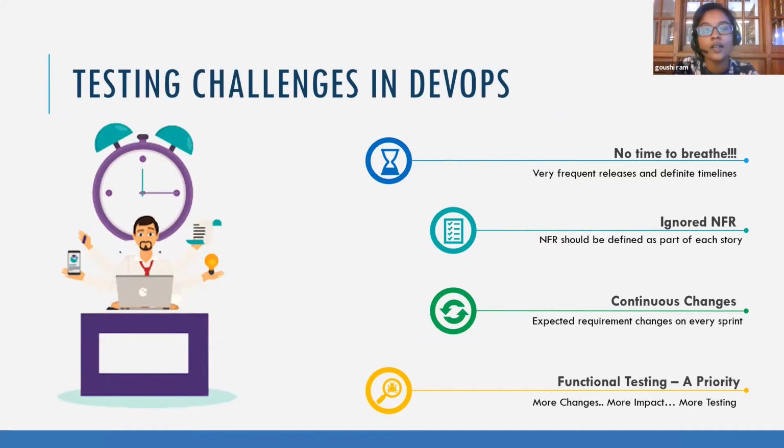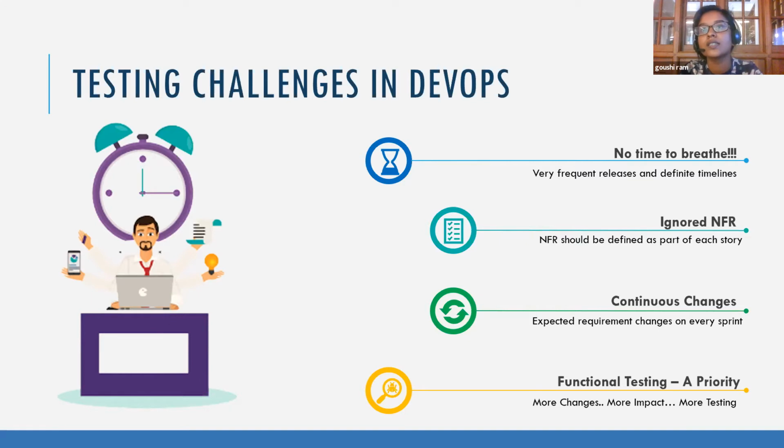So because of continuous requirement changes, functional testing becomes a priority. So let's discuss both of these challenges together. With the fast feedback characteristics of DevOps, we can expect continuous changes in the requirement. So when we are trying to implement these changes, most of the stable modules in the application get affected.